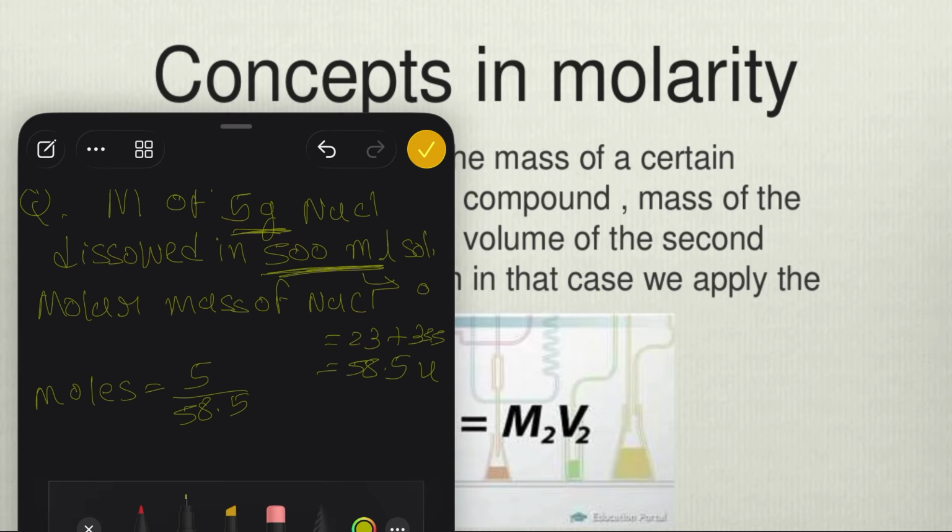It is 0.5 liter, right? So molarity is 5 divided by 58.5 divided by 0.5 liter. You can calculate and get the answer.